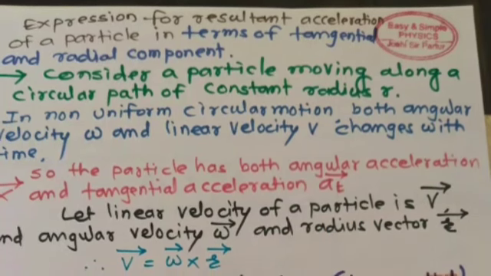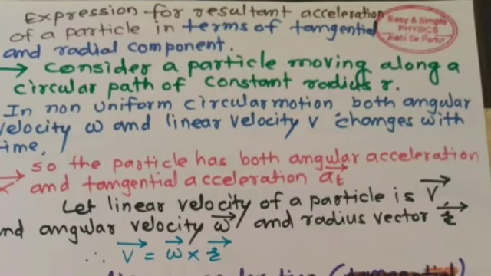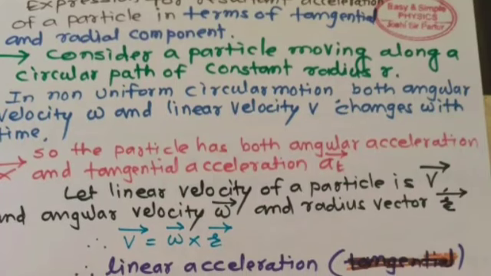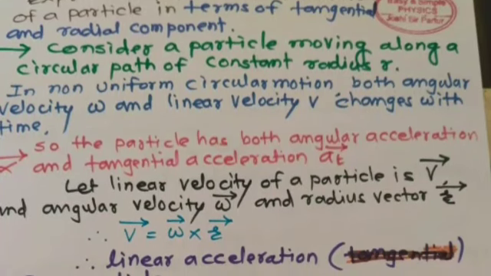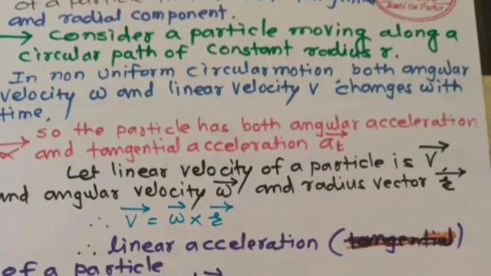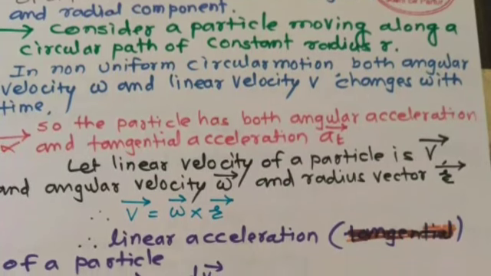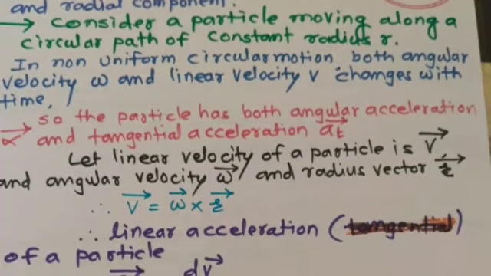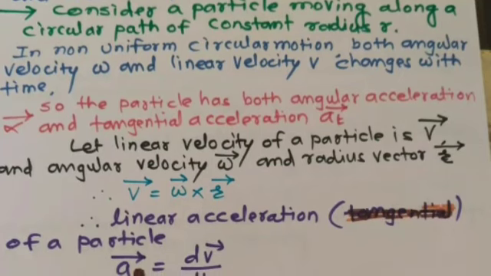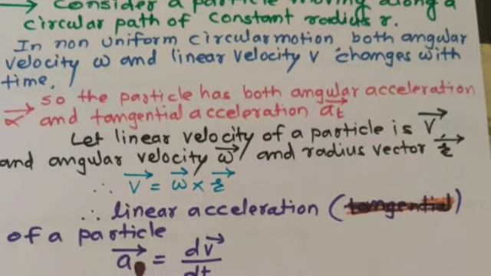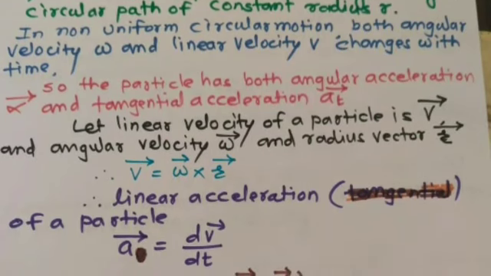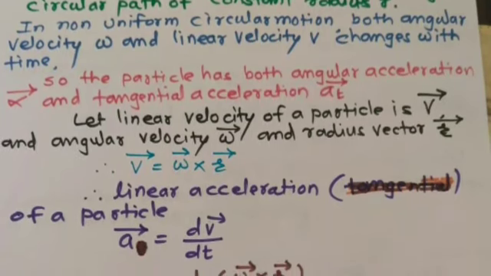Expression for resultant acceleration of a particle in terms of tangential and radial components. This expression can be solved by considering a particle moving along a circular path of constant radius r. In non-uniform circular motion, both angular velocity omega and linear velocity v change with time.